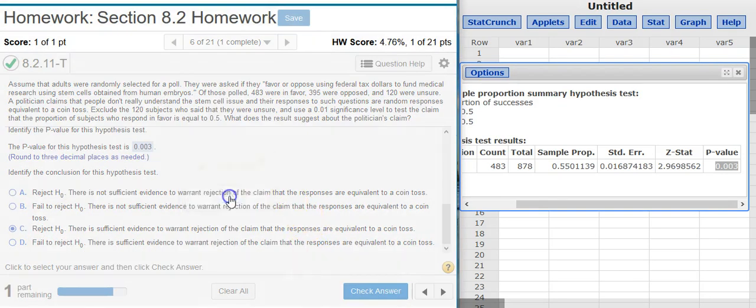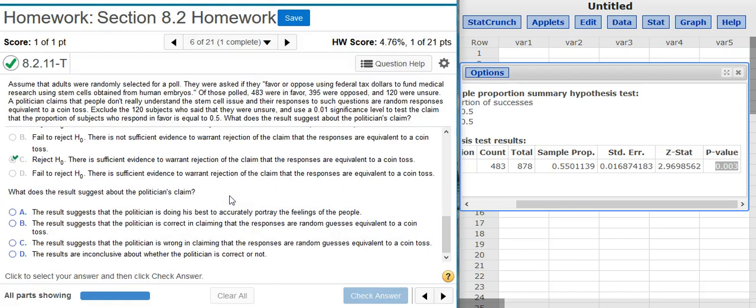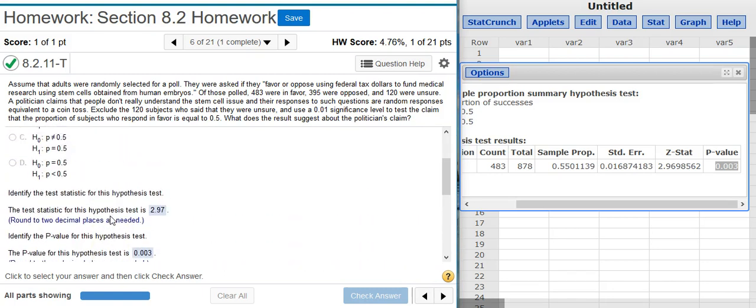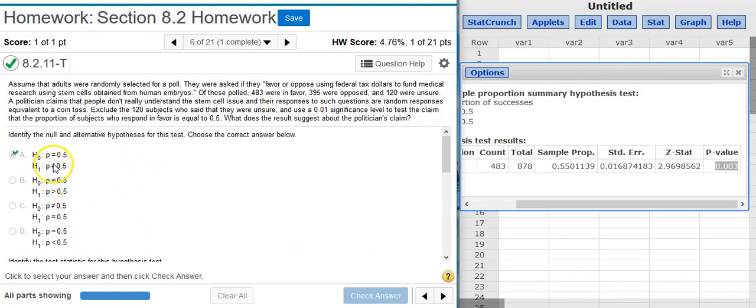Well done! And now the last part of this problem asks, what does the result suggest about the politician's claim? Well, look here, we rejected the null hypothesis. What's the null hypothesis? The null hypothesis says that the proportion is equal to 50%. Well, we're rejecting that, meaning we're saying this is not true. It's something other than 50%. But what did the politician claim?